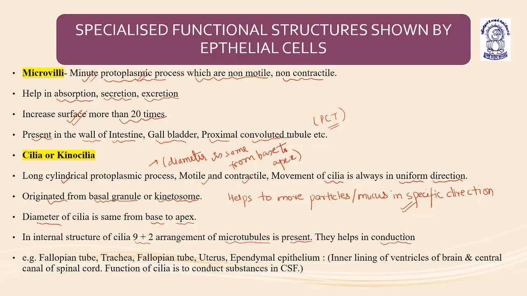So the kinocilia, or cilia, originate from the basal granule or kinetosome. The diameter from base to apex is uniform. They are motile and contractile. Movement of cilia always happens in a uniform direction. It helps to move mucus in a specific direction.